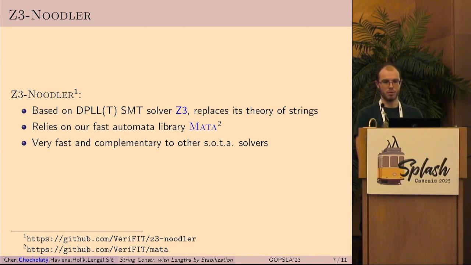For that, we implemented our own automata library Mata, which handles the representation of automata and operations on them. What we get is a very fast string solver, which is complementary to state-of-the-art string solvers used in the industry.